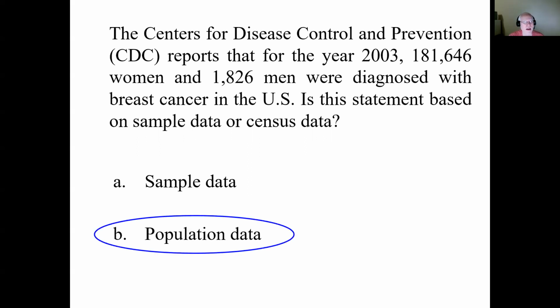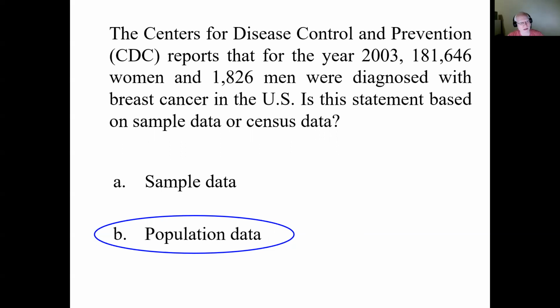So in this case, the CDC would be gathering data from all hospitals and all doctors across the country. They wouldn't just be randomly sampling some hospitals; they'd be getting data from all of the different healthcare providers across the United States. So this would be as close to the whole population as they can gather. They're seeking the entire population, and we'd call this population data.